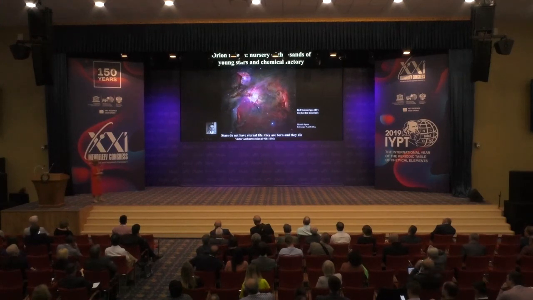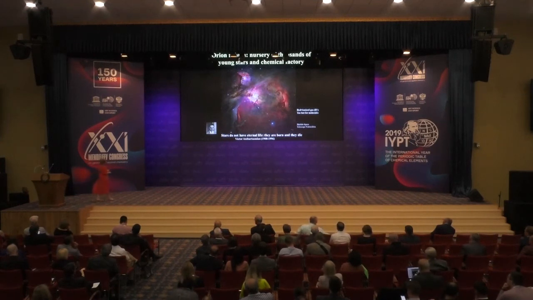Now, this image also shows something else, namely that this is not just a chemical factory, as we will see in a moment, but also a nursery of new stars that are being born at this very moment here in the Orion Nebula. That central part that you see over there contains thousands of young stars, meaning only 1 million years old, not yet a few billion years old, like our sun is.